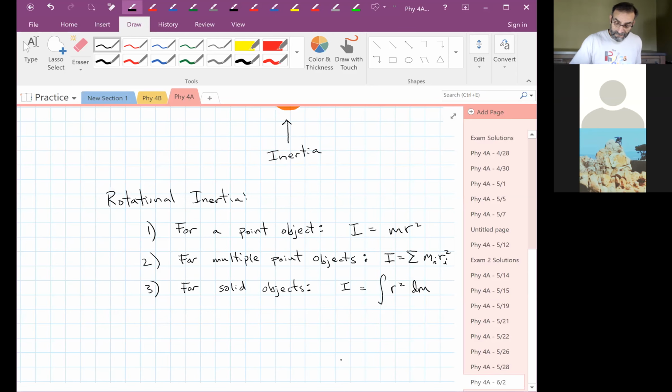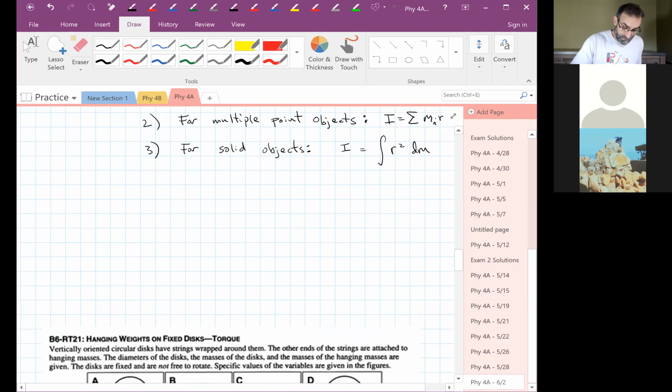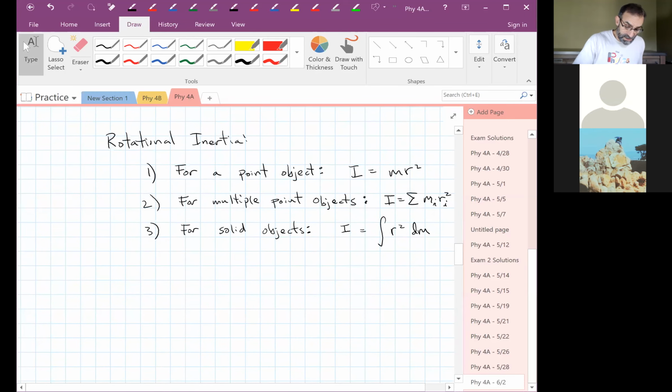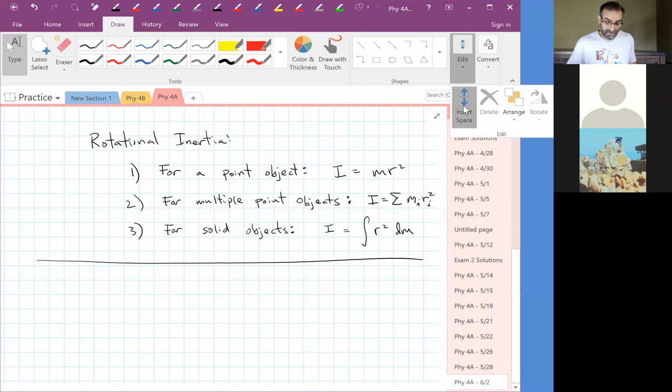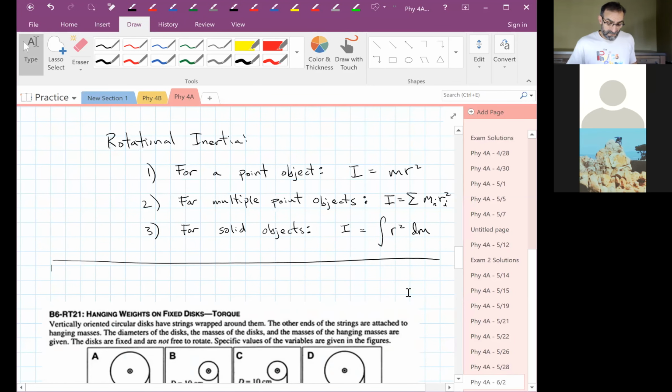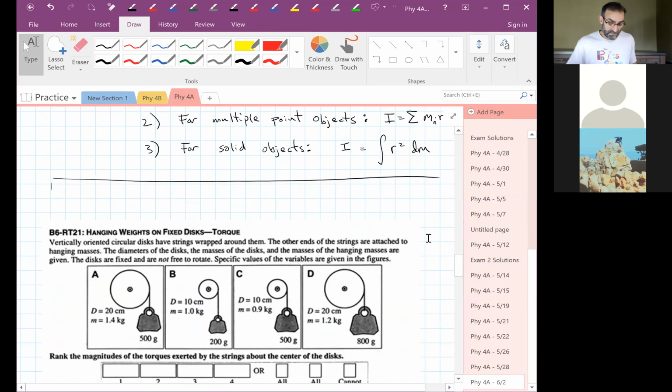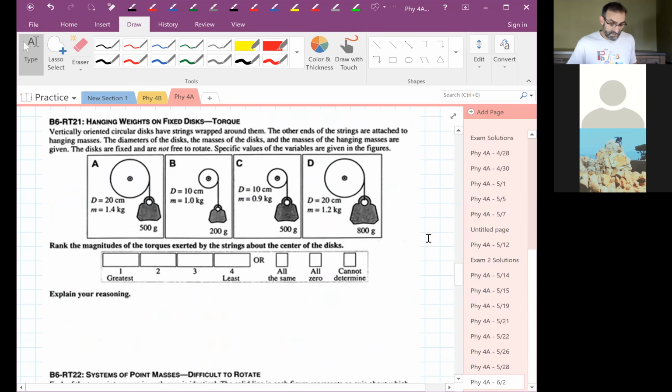Okay. Let's do this one, I guess, since it's here. Let's just find the torque.